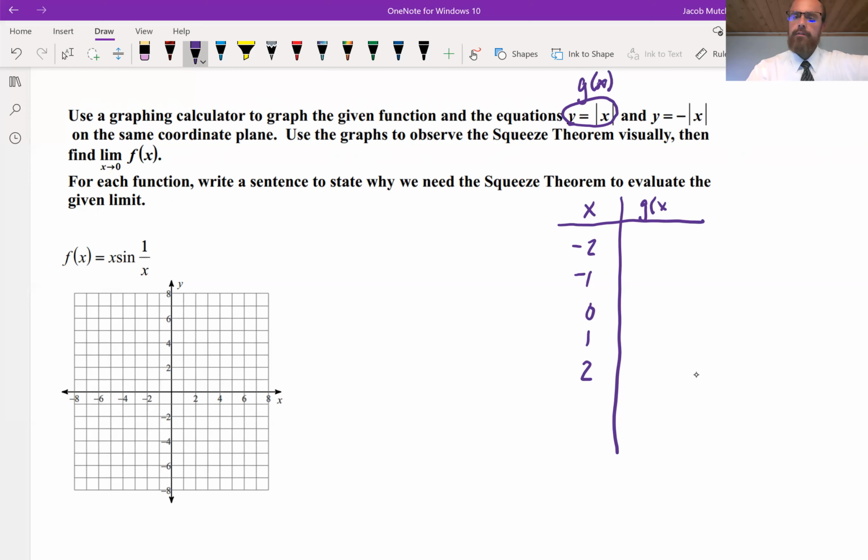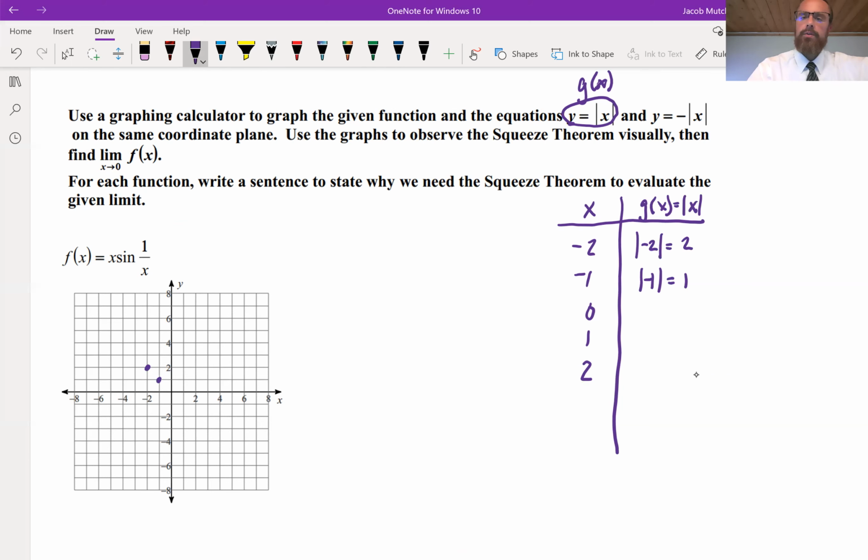So if g of x is just plain old absolute value of x, I can calculate g at -2 is the absolute value of -2. So how far is -2 from 0? Well, it's 2 away. So I get this point -2, +2. Same for -1. How far is -1 away from 0? It's 1 away. So the point's -1, 1.